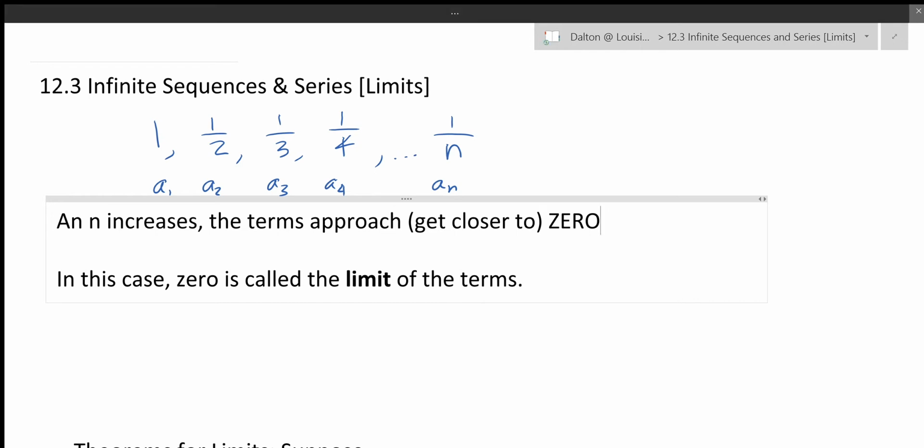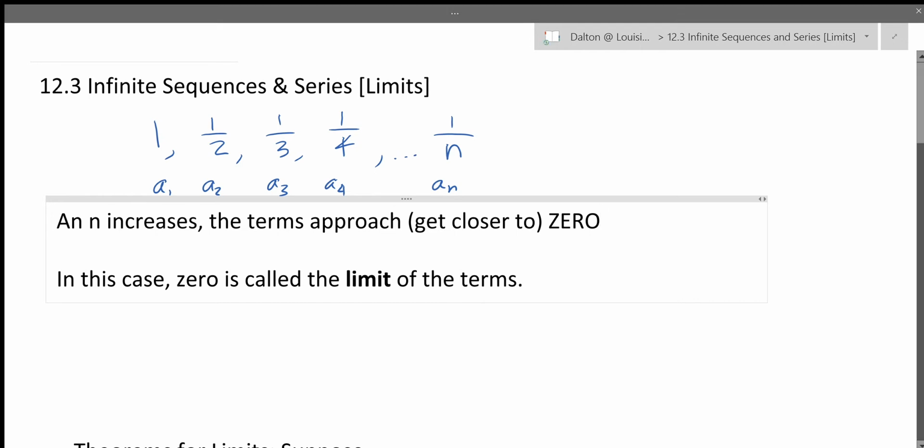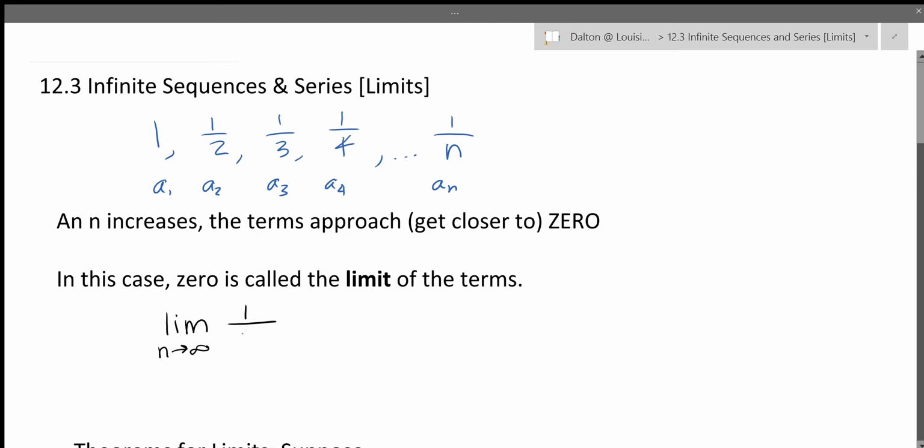So this is the first big takeaway from today. It's written like this. LIM for limit, as n approaches infinity, of this sequence. Instead of listing out all the numbers, I can just write it as this expression, 1 over n.